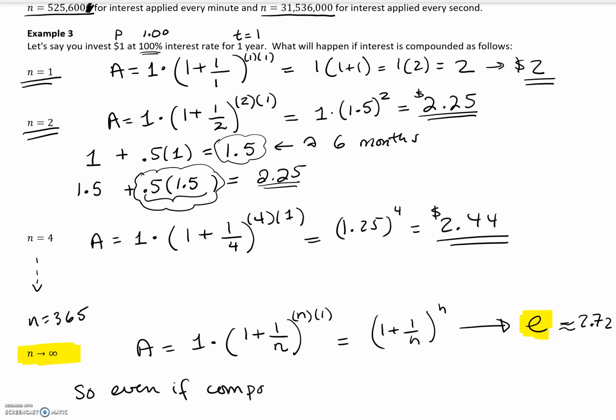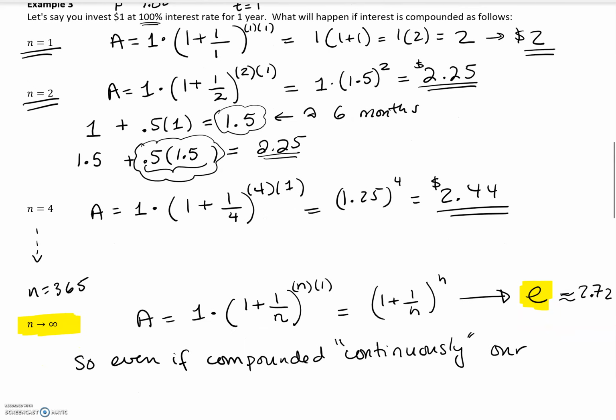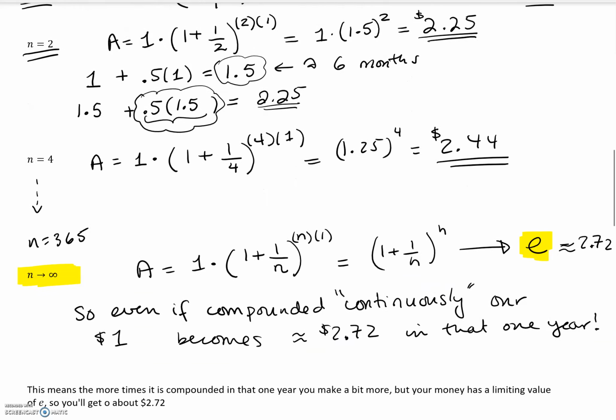So we'll say even if compounded what's called continuously, our $1 becomes about $2.72 in that 1 year that you're putting your money in. But the idea is that the more times you compound, the bigger your money gets, from once a year to twice a year to 4 times a year and so forth.